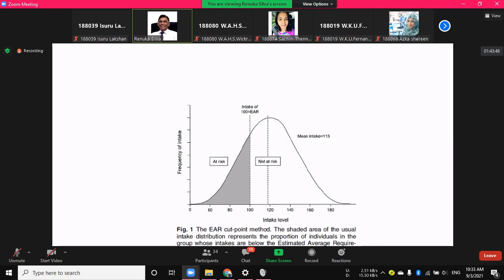Say a normal population is any very normal healthy population. Compared to a normal healthy population, is this group doing well or not doing well? That's a simple question. Compared to a normal population, is this group doing well or not doing well?